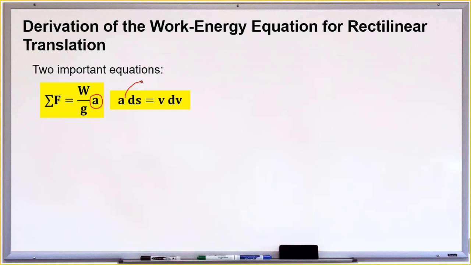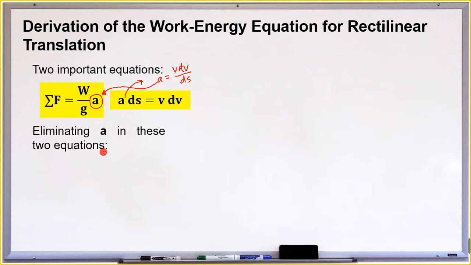Now we can modify the second equation into this form, a equals v dv over ds, and then we are going to substitute that into our kinetic equation, eliminating a in these two equations.